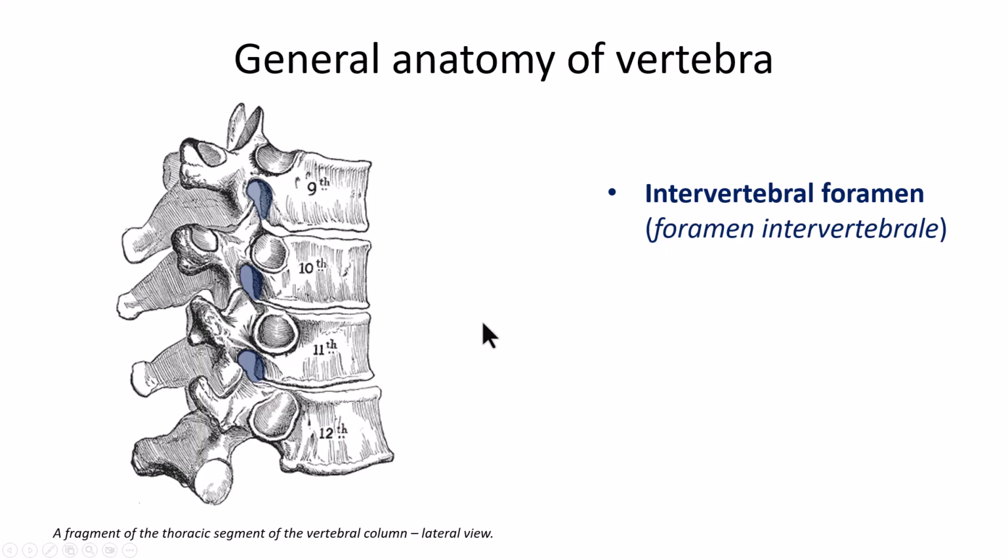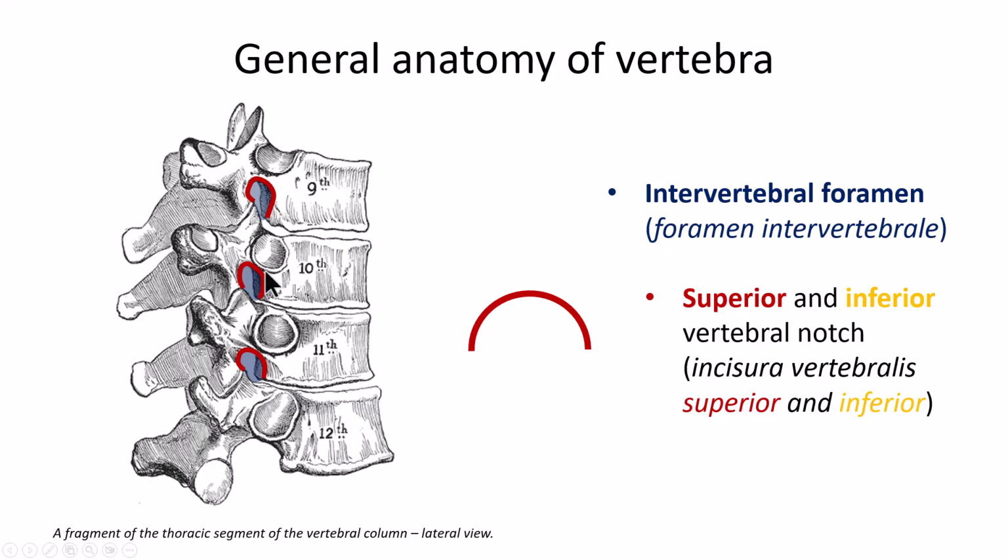Note that they are bounded both by the vertebra located above, forming the superior vertebral notch, incisura vertebralis superior, which I marked in maroon, and by the vertebra located below, which has the inferior vertebral notch, incisura vertebralis inferior, marked in orange.